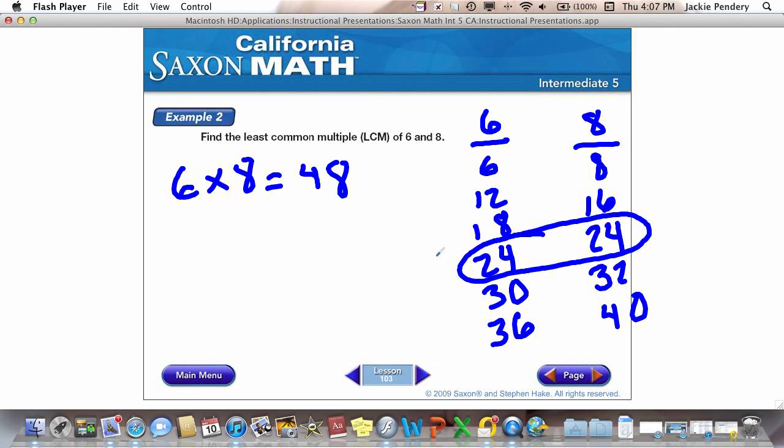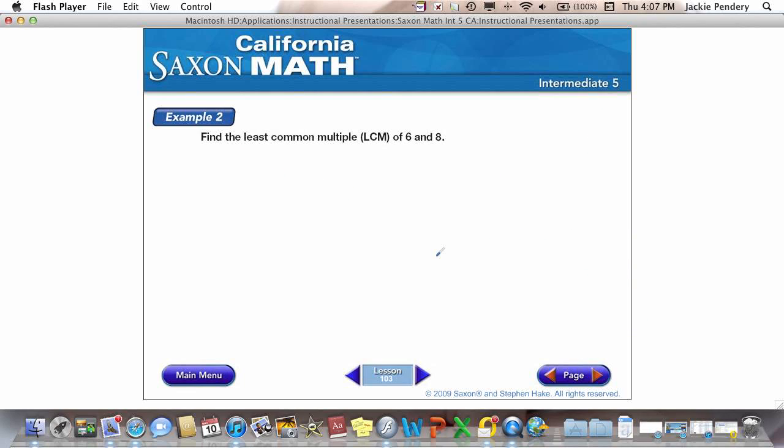Okay, let's look at example 3. Find the least common multiple of 5 and 15. Okay, well, you should probably already be able to guess by now. We're going to make our list, 5, 10, 15, and we go, hey, look, that's one of our numbers.